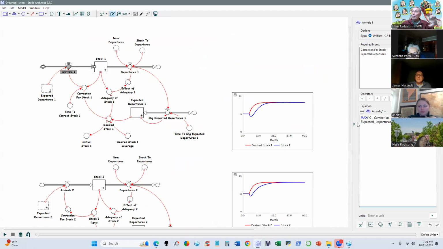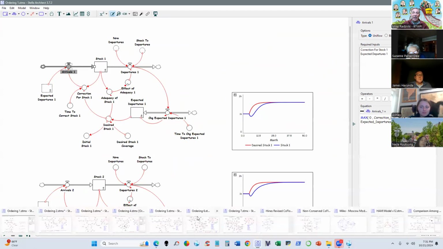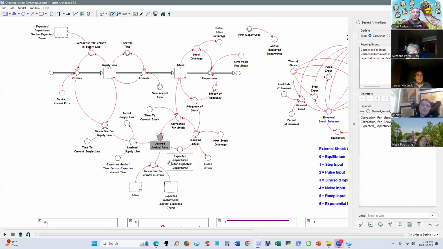There's no growth here, but if we added the growth, that's pretty much this. There isn't a max function, but that's a third thing, the correction for growth. It's going in here, which is going right into the stock. In this case, it's not going into the stock because we have a delay. So instead, it's the desired arrival rate rather than the arrival rate or the production rate.